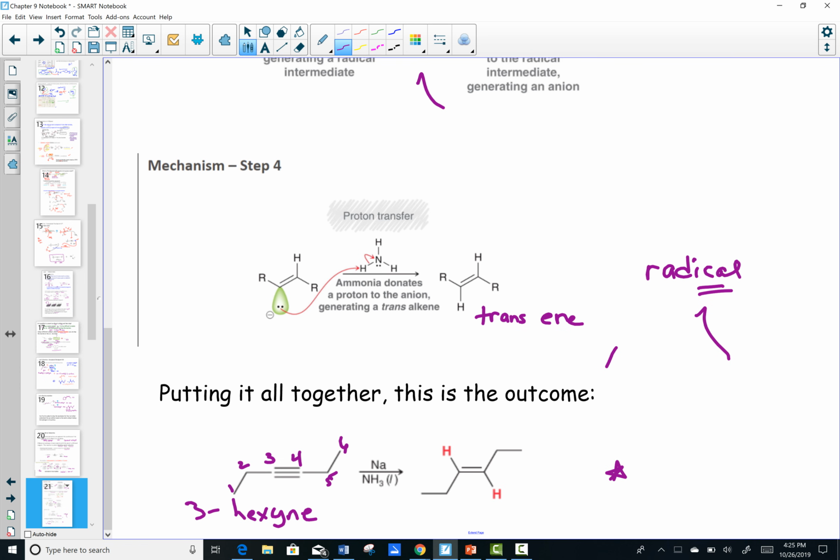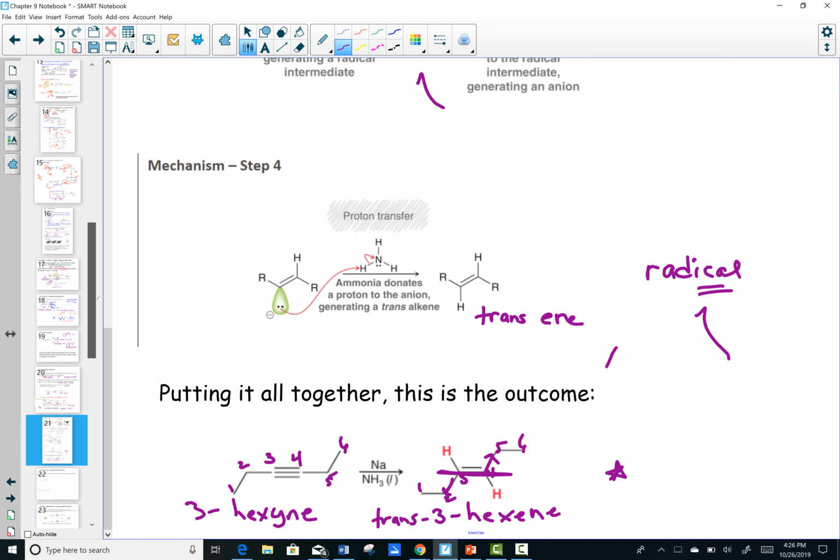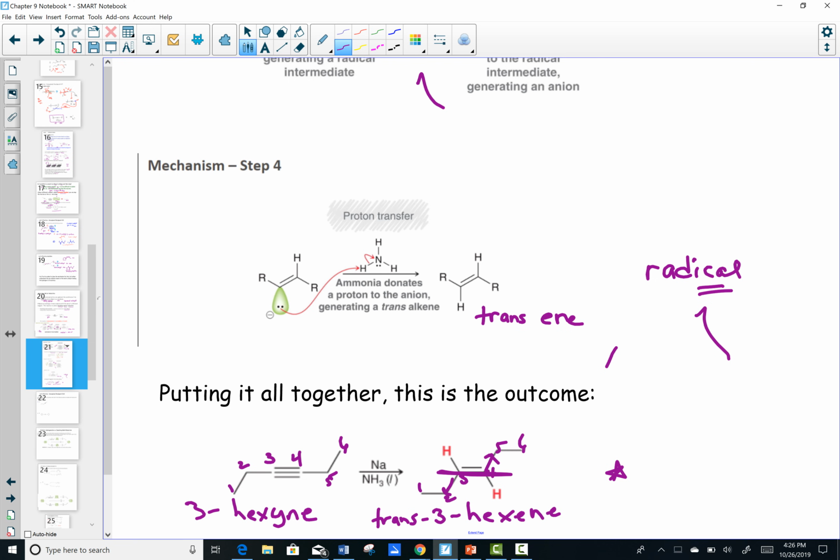And here now we went to a trans configuration where at position 3 we now have a double bond. So we name it 3-hexene, and we can see the trans configuration because on the pi bond, the priorities are coming on opposite sides of the pi bond. So that's the trans configuration. A little bit different mechanism. I wanted to stress that step by step.